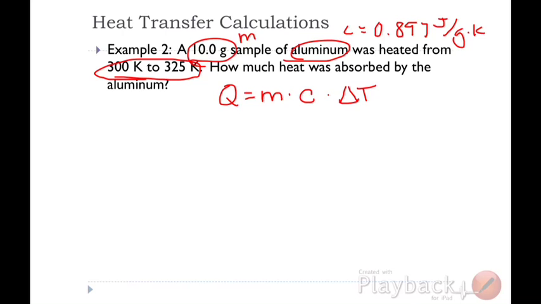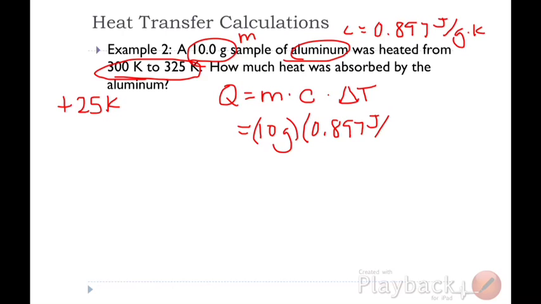Our temperature goes from 300 to 325. So this is a positive change of 25 degrees Kelvin. How much heat was absorbed by the aluminum? So we plug in our numbers, 10 grams times 0.897 joules per gram times Kelvin times 25 Kelvin. We can cancel the units of grams and Kelvin.